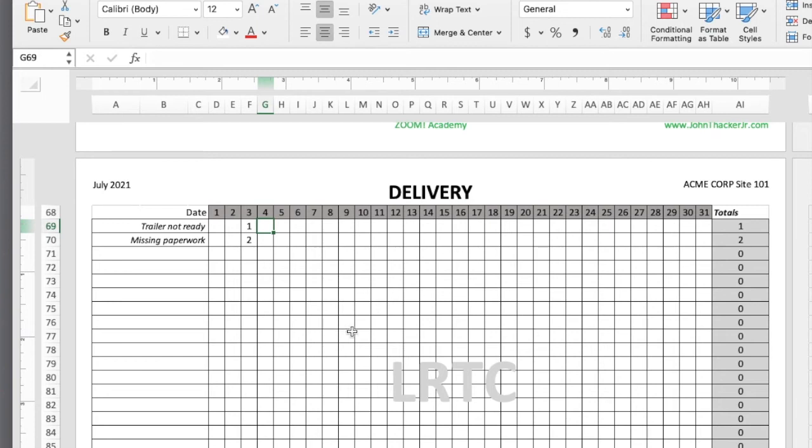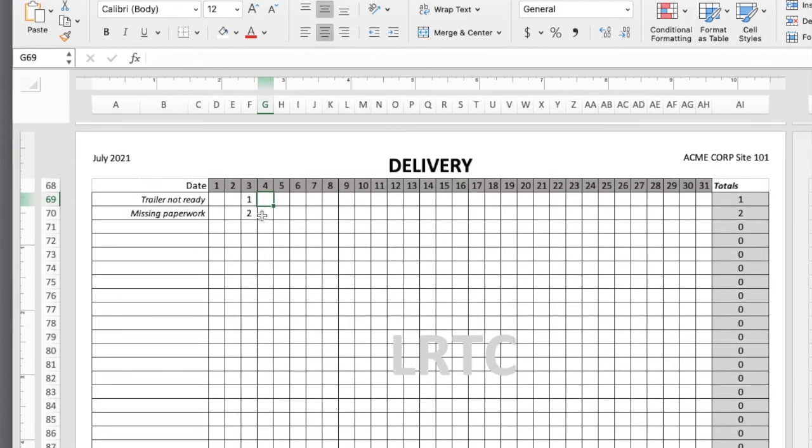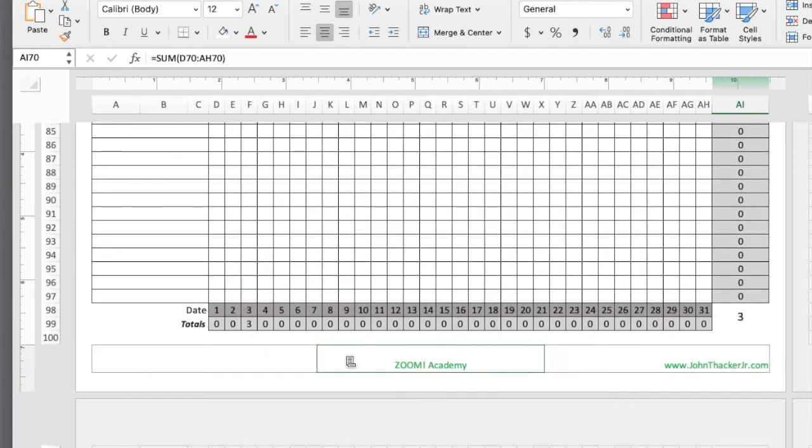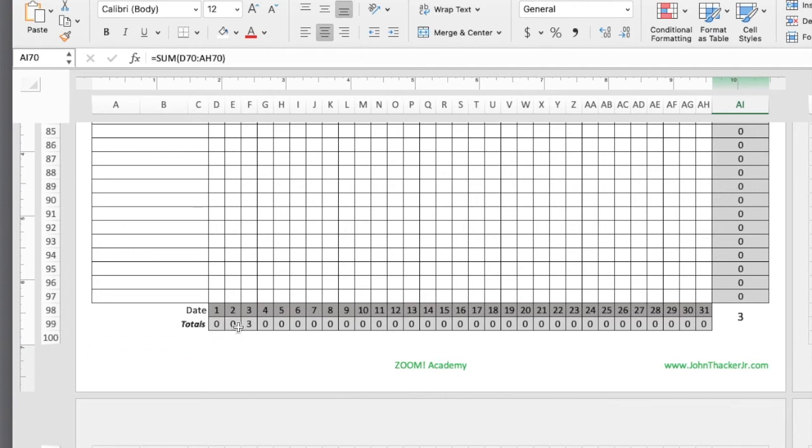Now this chart is designed so that it automatically tabulates the totals of each failure mode type in the right-hand column. And it tabulates the total failure mode number by day at the very bottom. And in the right-hand corner is the total failure modes for the entire measurement period.